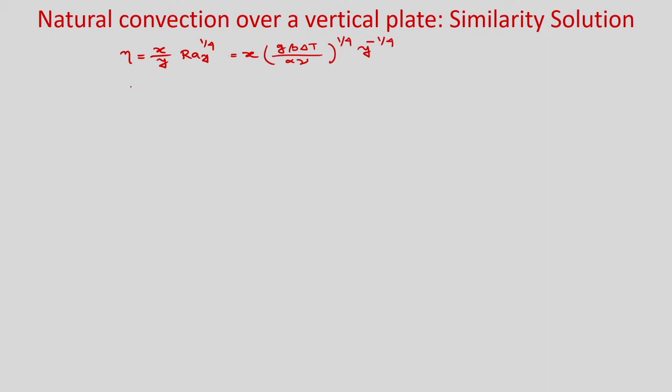Now you can find del eta by del x, which will be just 1 by y Ra_y to the power 1 by 4, and del eta by del y will be x times g beta delta T by alpha nu to the power 1 by 4.